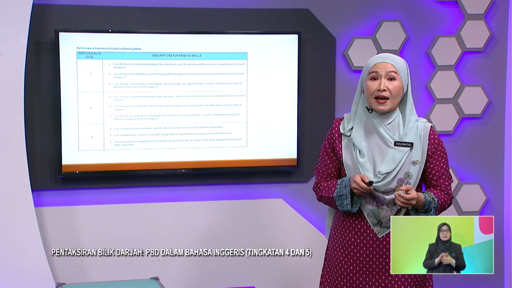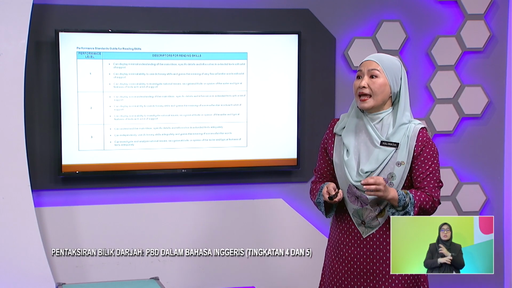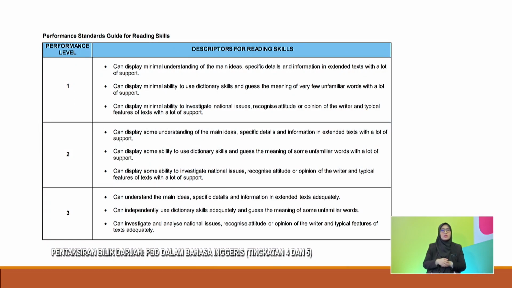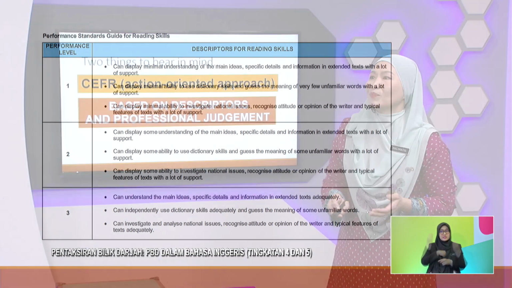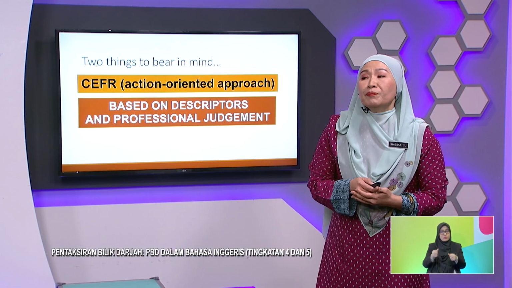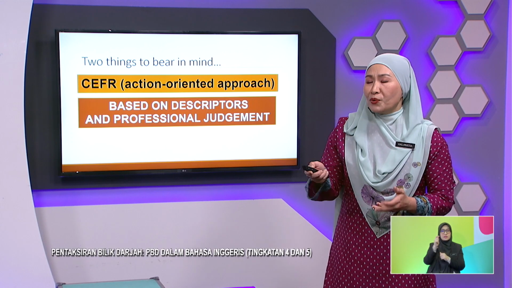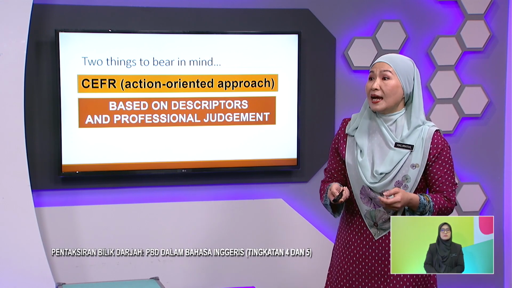Right. Because if they are at TP3, they can understand the main ideas adequately. All right? And they can independently use their dictionary skills to guess the meaning of some unfamiliar words.